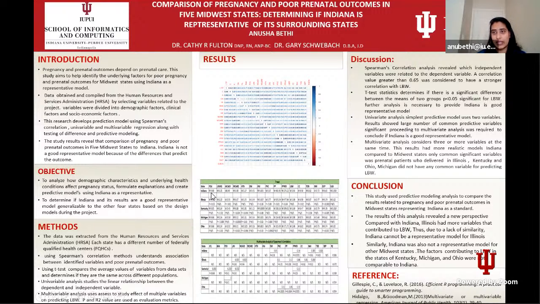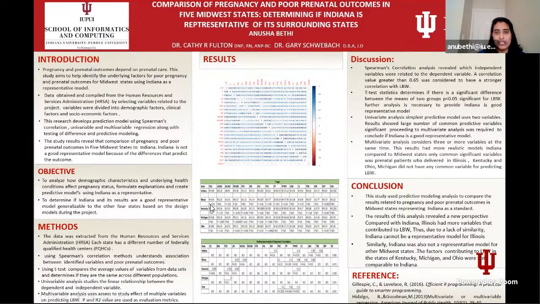Here, we compare all the states with Indiana. We can specify that only some of the variables had significant value towards low birth weight.